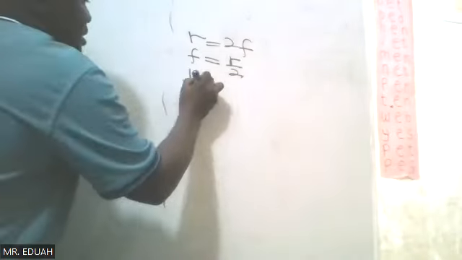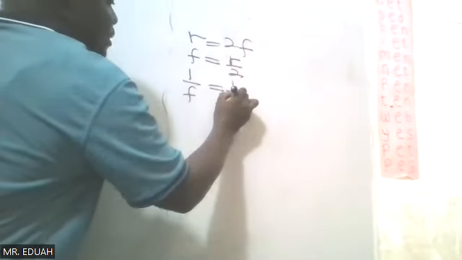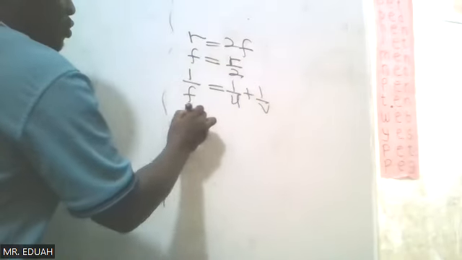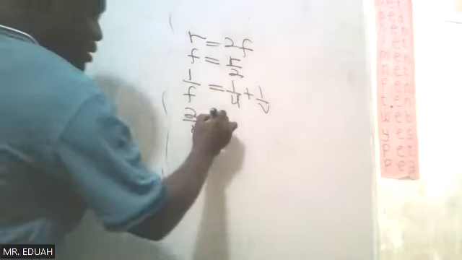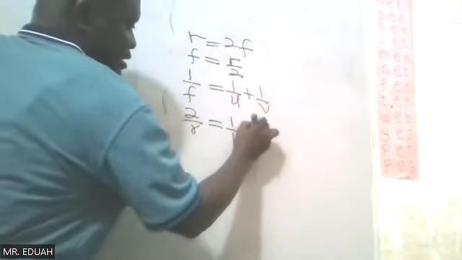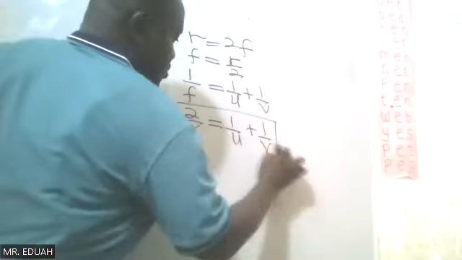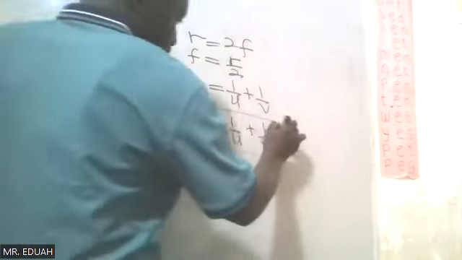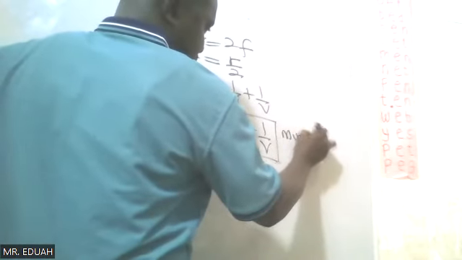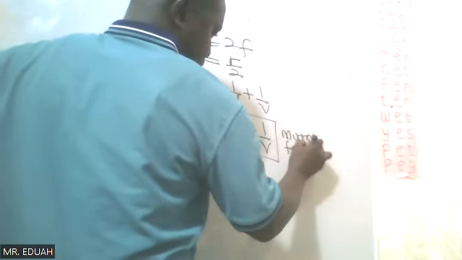Then when we substitute this into the equation, we will have 2 over R, because the inverse of this will be 2 on R. So this is one possible modification. This is still the mirror formula or equation.